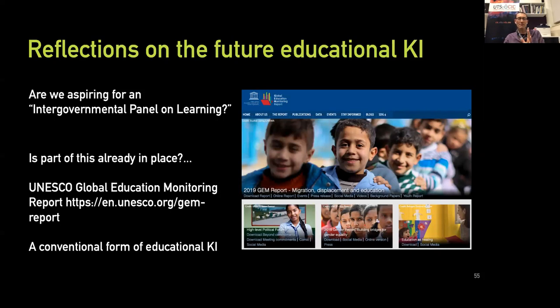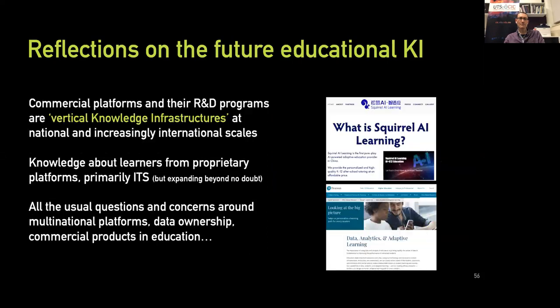Now, this is a conventional form of educational knowledge infrastructure. If you look at any of those reports, they're using conventional data and statistics and outcomes. They're not informed by the kinds of very fine-grained micro-level analytics that we're all developing at the moment. But there's a piece of the jigsaw, perhaps.